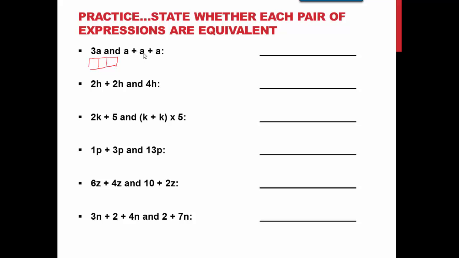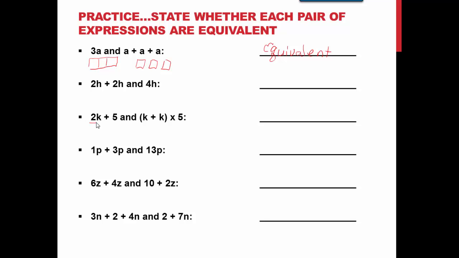Then we have 1, 2, 3 a's over here. Are they the same? Yes, they are called equivalent. You try the second one on your own. Stop the recording. Start when you're ready.